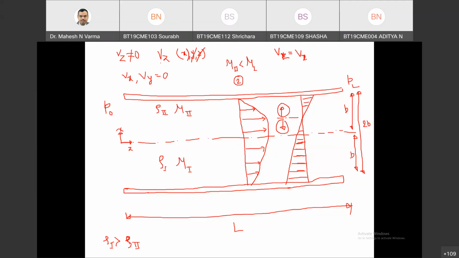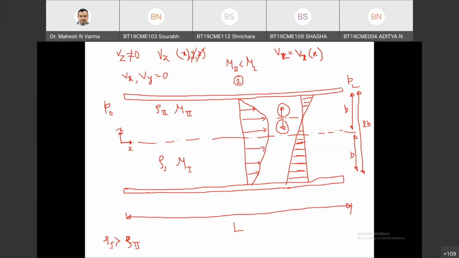So which momentum balance equation will I be using? First will be the X momentum balance, another the Y momentum balance, third the Z momentum balance. Which momentum is important here?